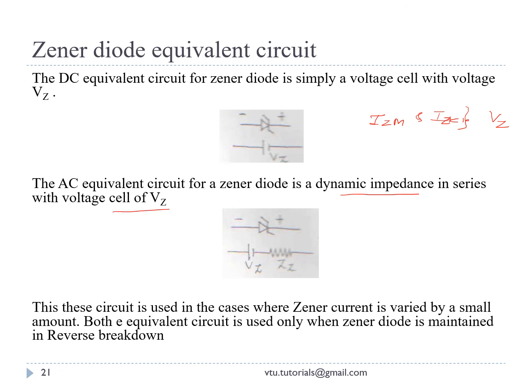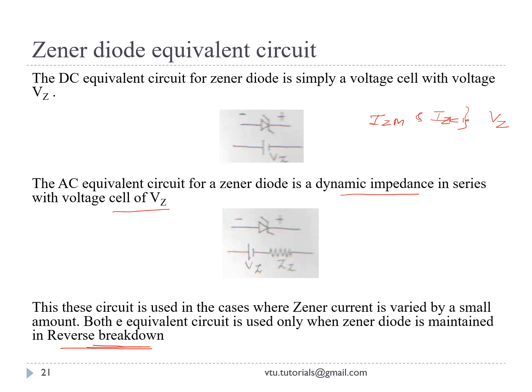This circuit is used in the case where the Zener current is varied by a small amount between Izm and Izk. Both equivalent circuits are used only when the Zener diode is maintained in the reverse breakdown region, right? So these are the equivalent circuits of the reverse breakdown.